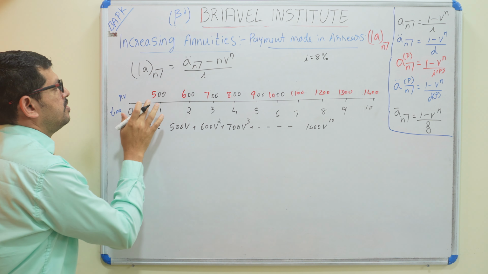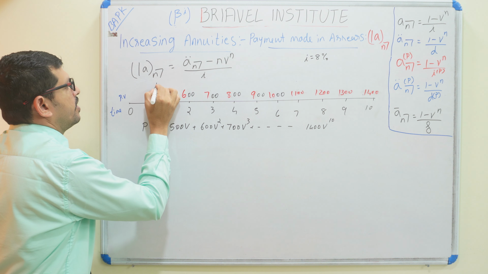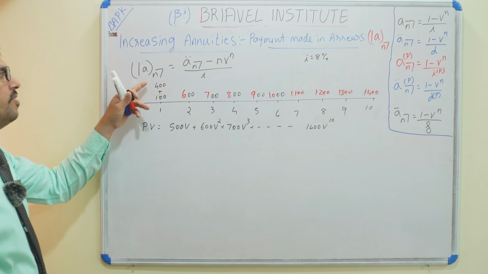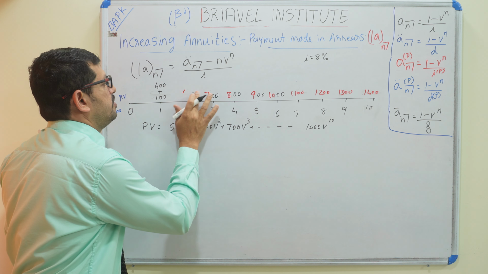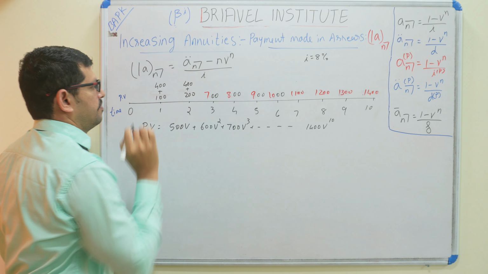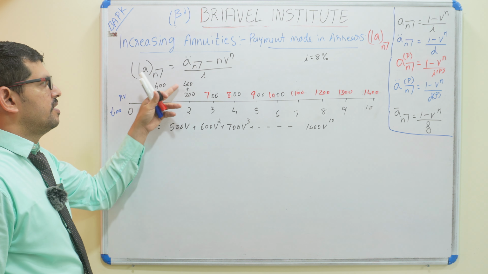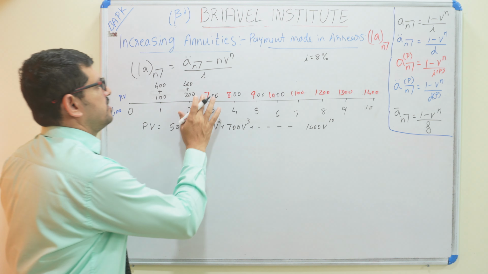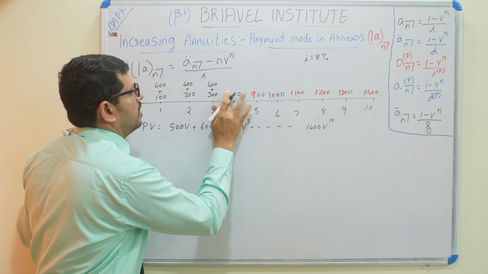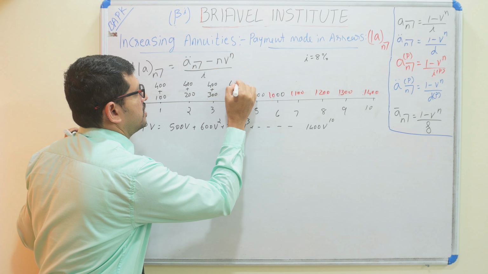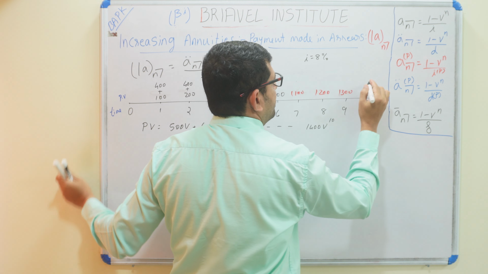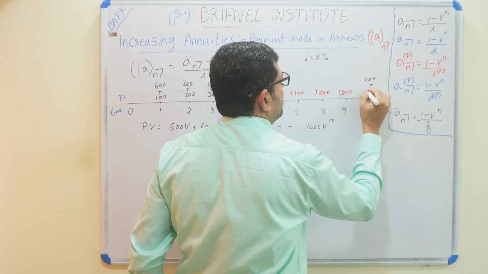This 500 I am dividing as 400 plus 100. 600 I am dividing as 400 plus 200. Here also 400 plus 300, then 400 plus 400, and like that up to 400 plus 1000.